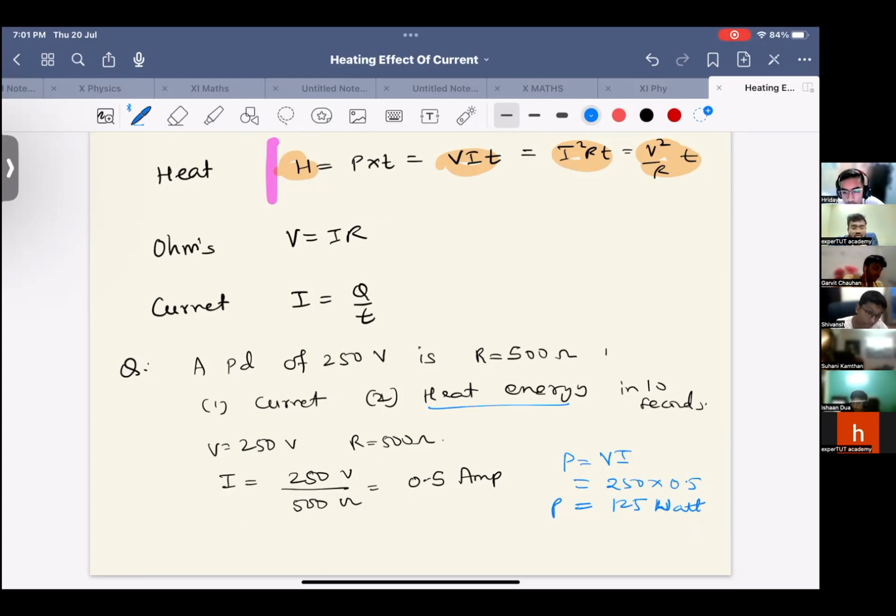Now they're asking for heat energy. Heat is equal to power into time. So it is 125 watt into 10 seconds, so it is 1250 joules. Okay. So, have you understood this problem? Yes, sir. Hriday, have you understood this?